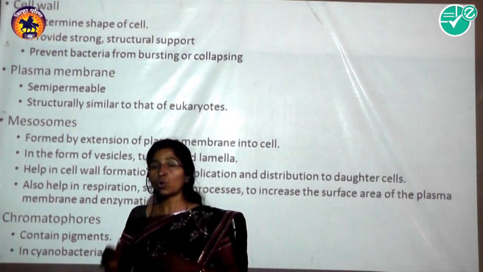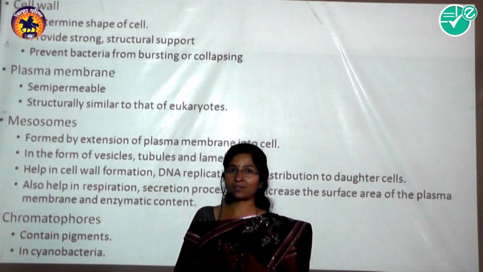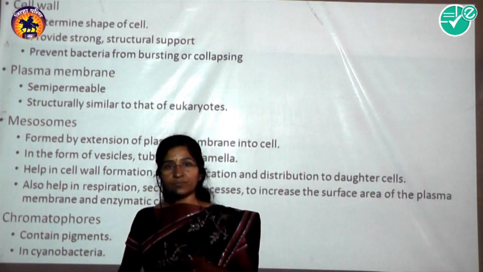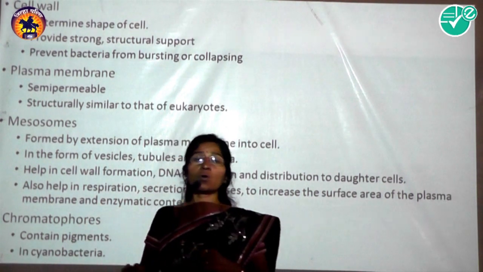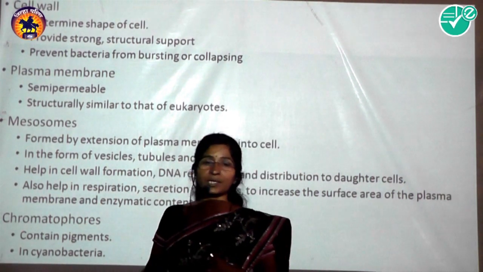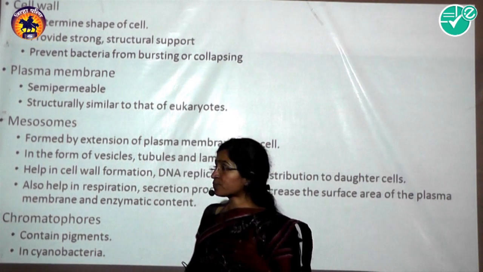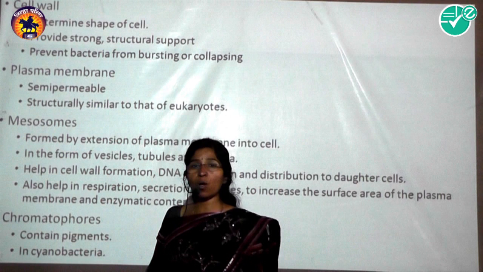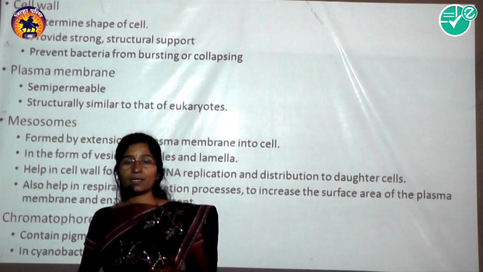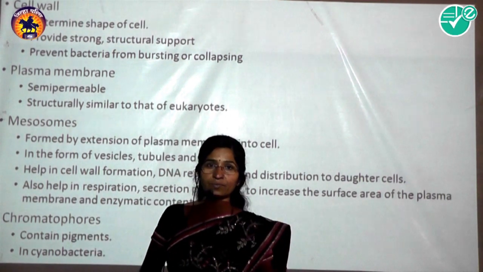Those bacteria that retain the stain are called Gram positive. And those bacteria that lose the stain are called Gram negative bacteria. The bacterial cell wall is made up of peptidoglycan and pseudopeptidoglycan.